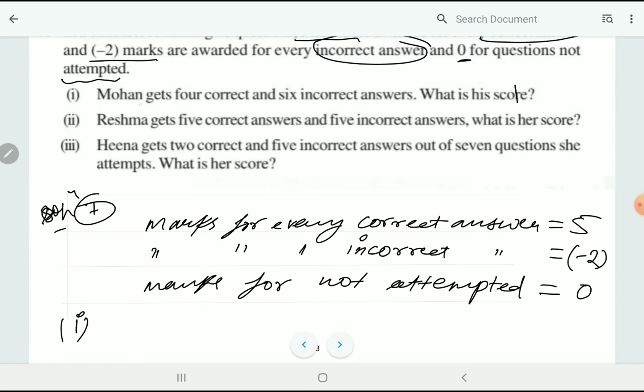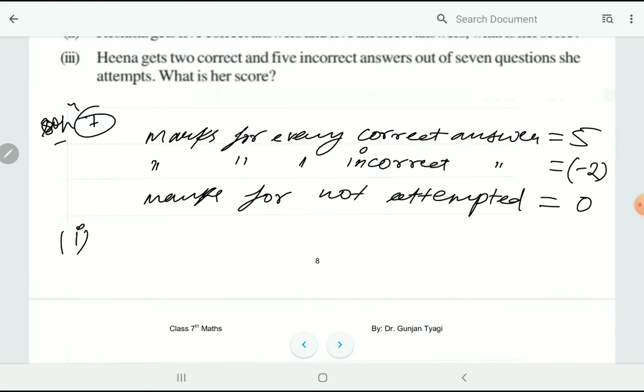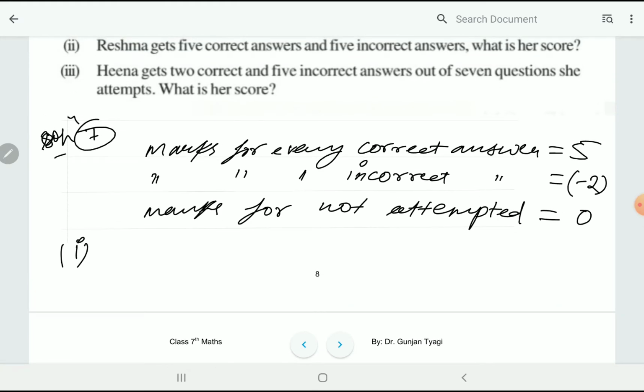So let's do the first part of the question. Mohan gets 4 correct answers and 6 incorrect answers. So let's note down Mohan's marks.